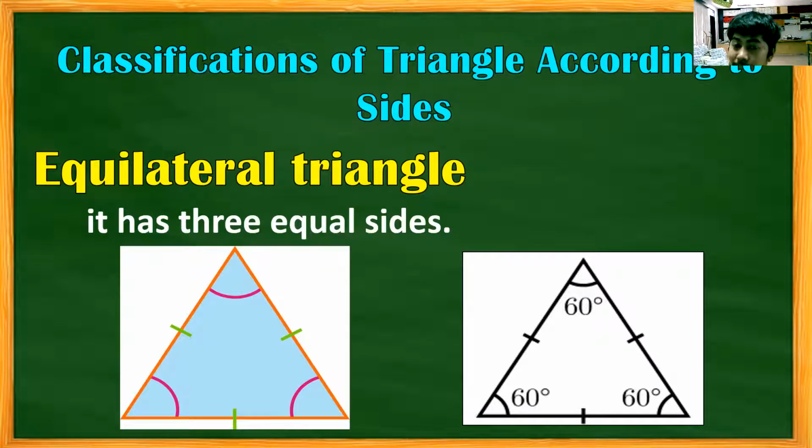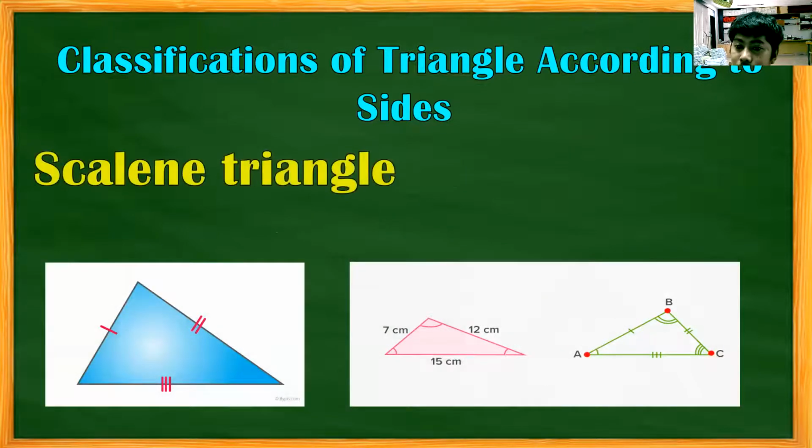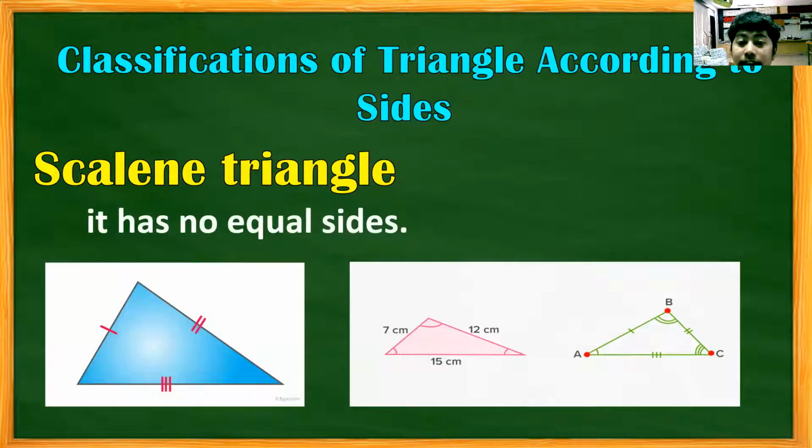Therefore, the angles inside are also equal. And next is the scalene triangle. A scalene triangle has no equal sides. Nothing of its sides is equal to each other. Every one of its sides is longer or shorter than the others.